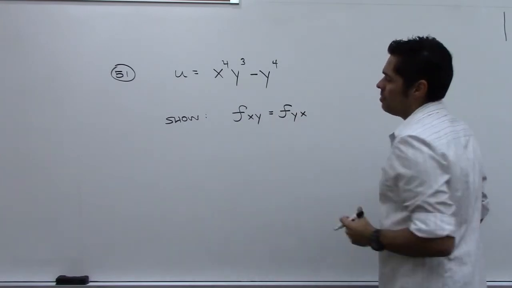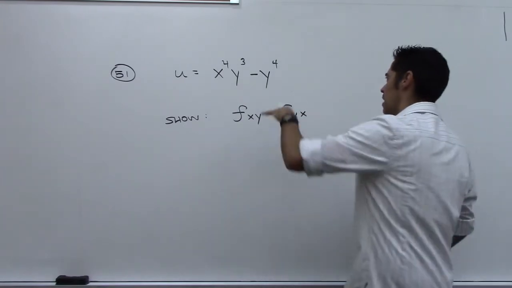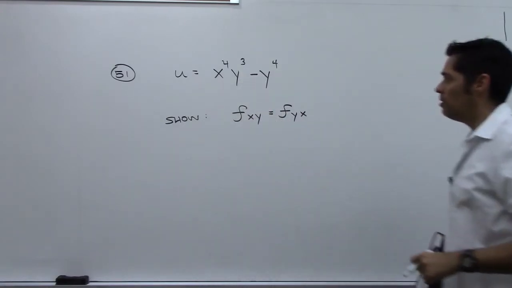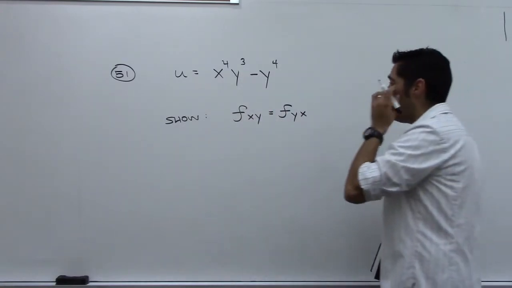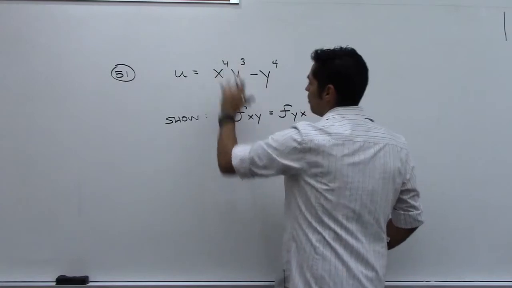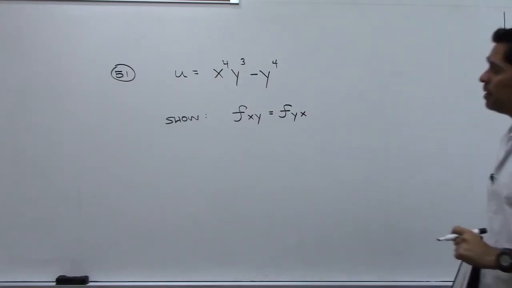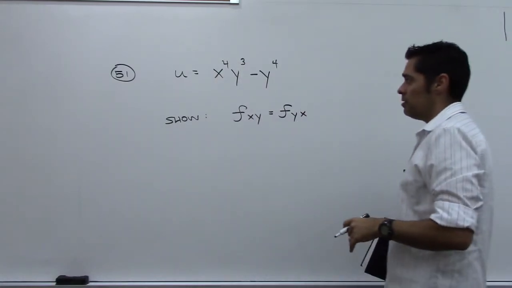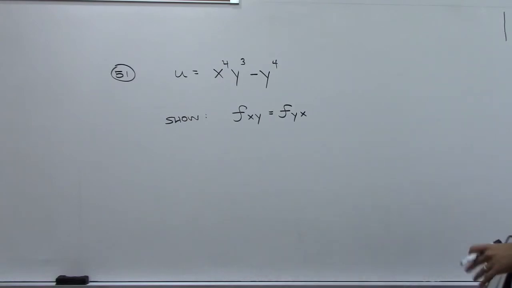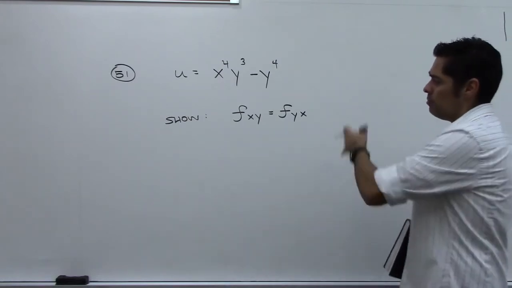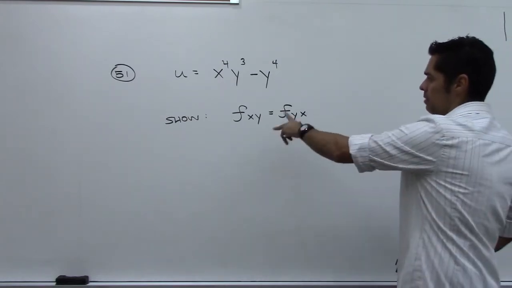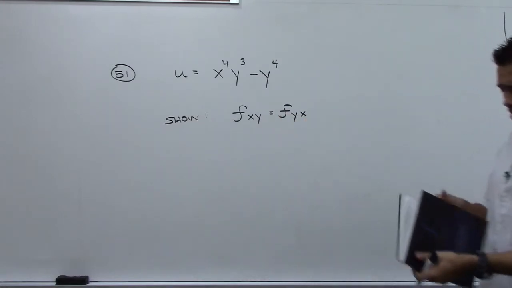And there were some conditions in the theorem. You had to have a nice continuous function on a disk or something like that. And this is a continuous function of two variables, because it's polynomial. So we know that polynomial functions in two variables are continuous everywhere. So this should work. So just go through and take these second partials and show that they're equal to each other.